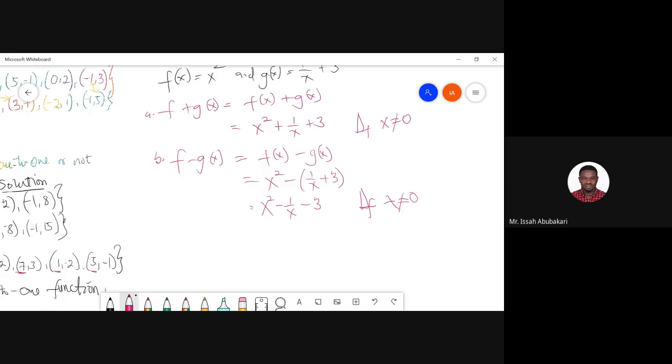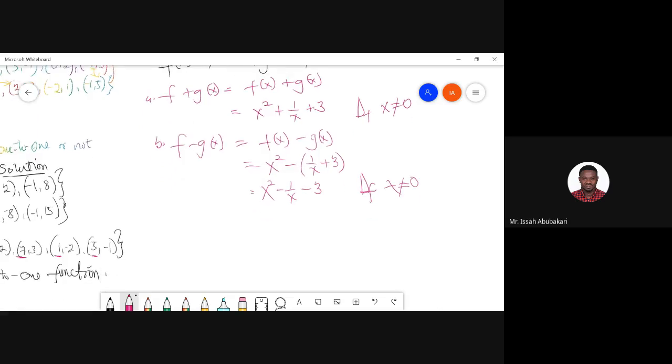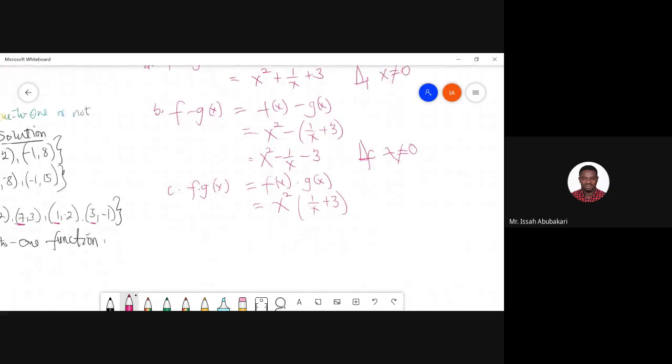The next operation that we want to perform is multiplication. So when you have f times g of x, it is the same as f of x multiplied by g of x. And we know f of x to be equal to x squared multiplied by 1 over x plus 3. So with the expansion of this, we get x squared divided by x plus 3x squared.